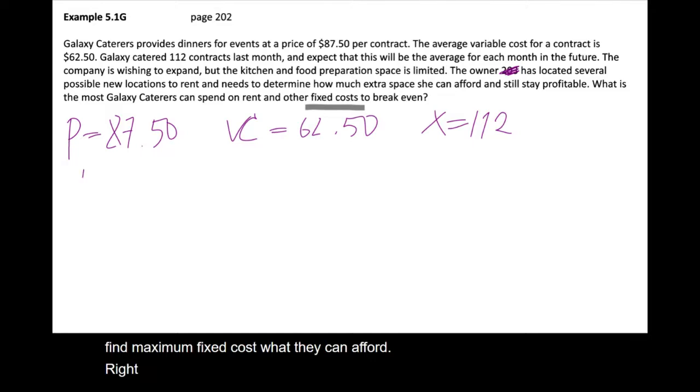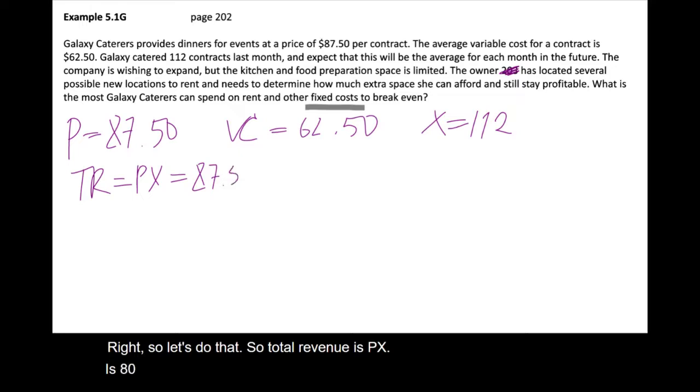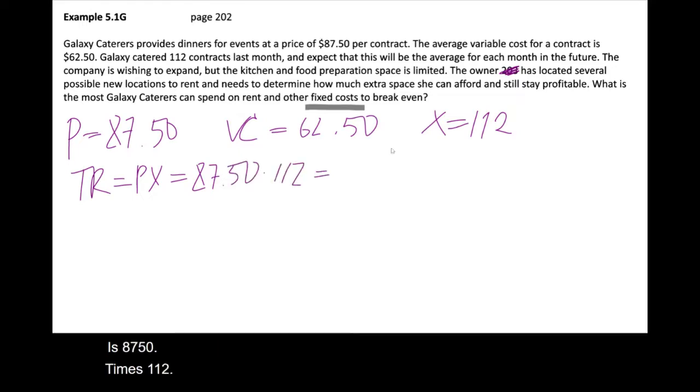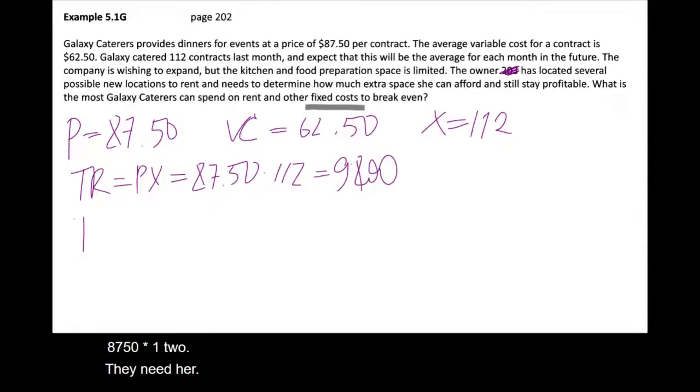So let's do that. Total revenue is PX, which is 87.50 times 112. Let me calculate that, and you guys calculate as well. So 87.50 times 112 is 9,800. Okay, TC.